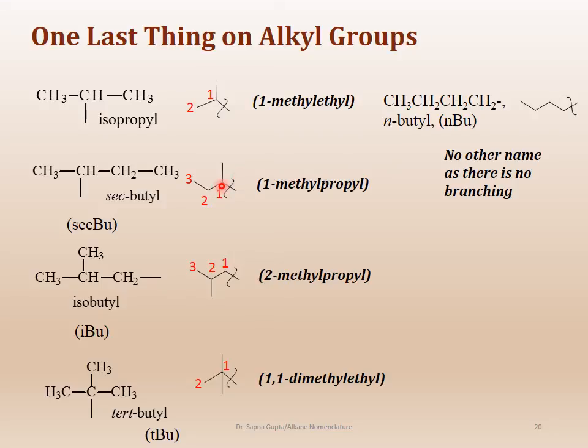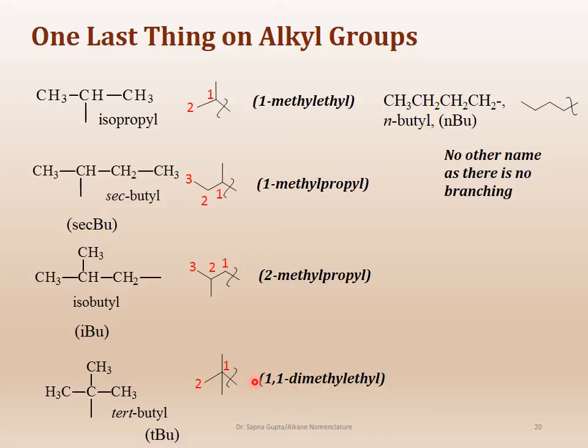So find the longest chain, 1, 2, 3, which means the base is propyl, and on the first carbon there is a methyl coming out, so it's 1-methyl propyl. So sec-butyl can also be called 1-methyl propyl, isobutyl can also be called 2-methyl propyl, and a t-butyl group is then called 1,1-dimethyl ethyl. That's an alternate way of naming alkyl groups.